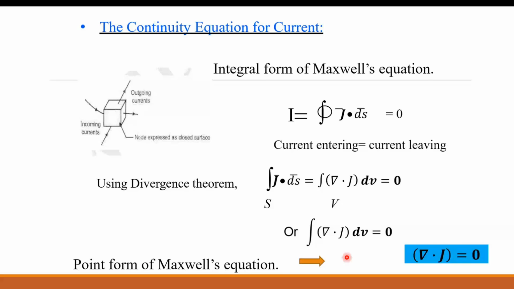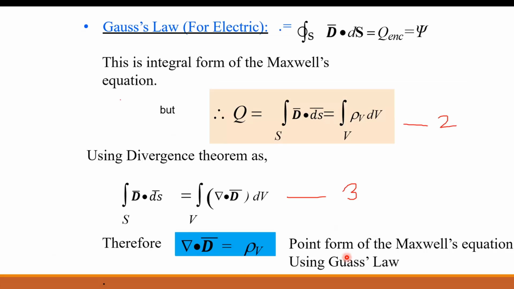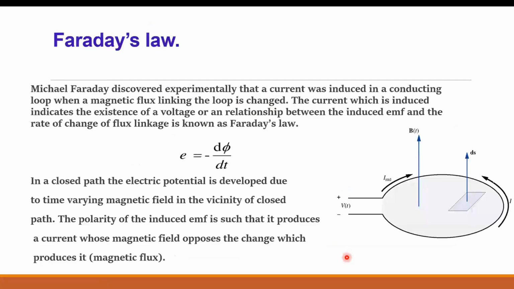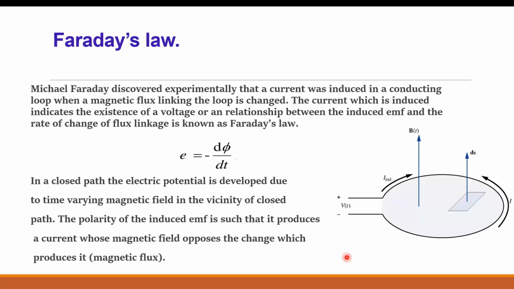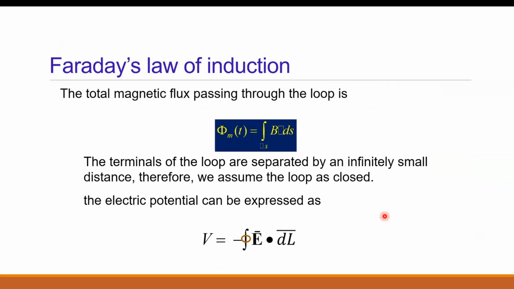Up till now we have derived 5 relationships. The first relationship we derived from Faraday's law. Faraday states that if the input voltage is AC, then you will get EMF. But if the input voltage is not changing with time, the flux will not vary with time, hence the integration of E dl is equal to 0.